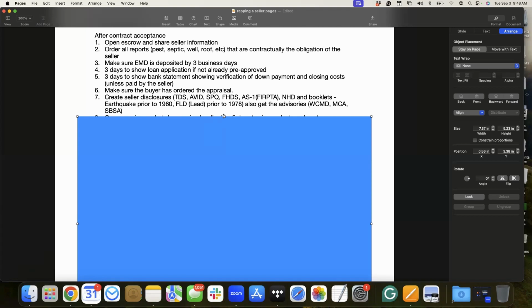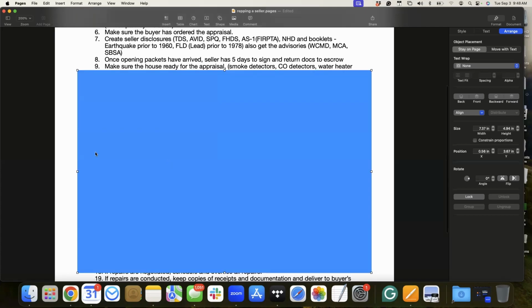A disclosure is going to be property specific, and an advisory is just general information. It doesn't necessarily mean it's pertaining to this particular property, but it could be. The disclosure is going to be a material fact about the property. That's the difference between the two of them. They're both important, but obviously disclosure is a little bit more important.